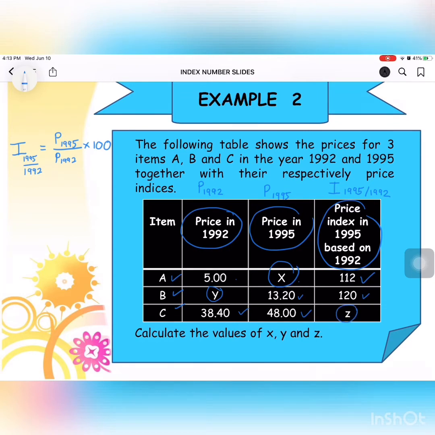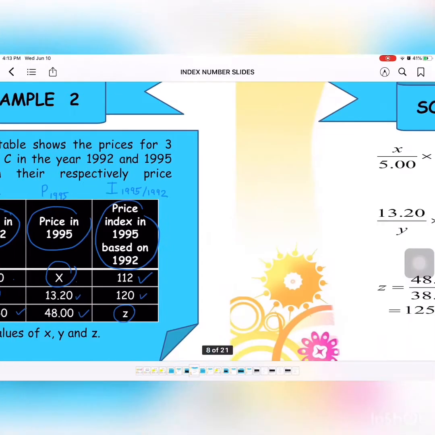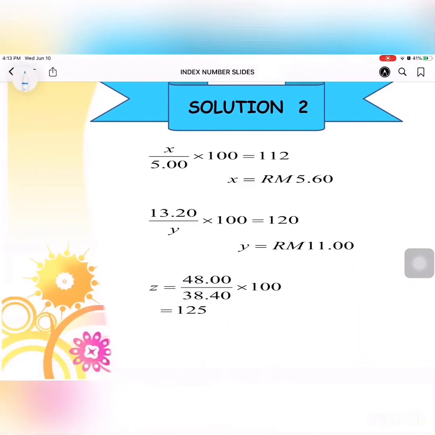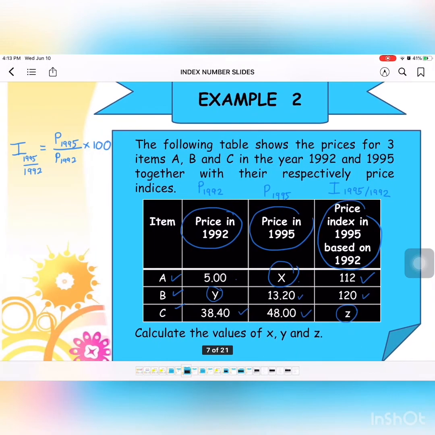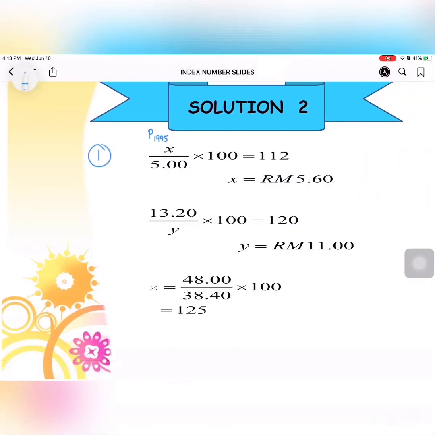Okay, can we solve this? Yes, we can. This is super easy. First thing first, for question number 1, you don't have the price at 1995, but you have the price at 1992.